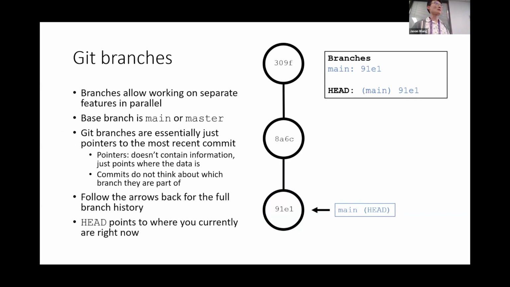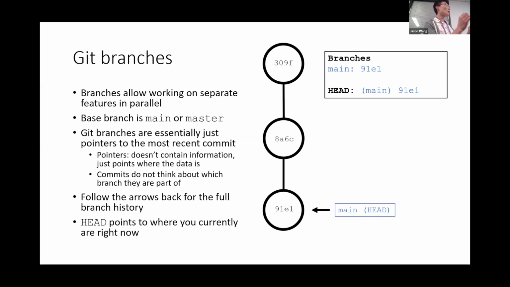That's what we're talking about for Git flow, making all these different branches. So what are branches? Branches, as we showed, allow people to work on separate features in parallel. The base branch is usually called main. You might also see master. That was an old one, but we don't really use that anymore. And then Git branches are nothing more than pointers to the most recent commit in a timeline.